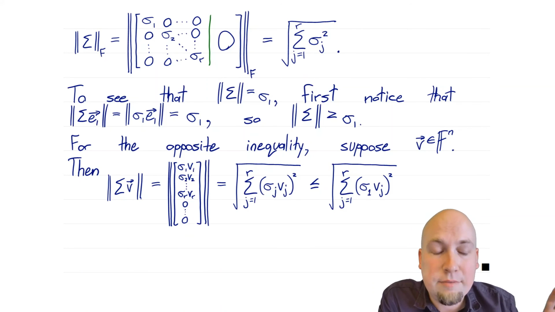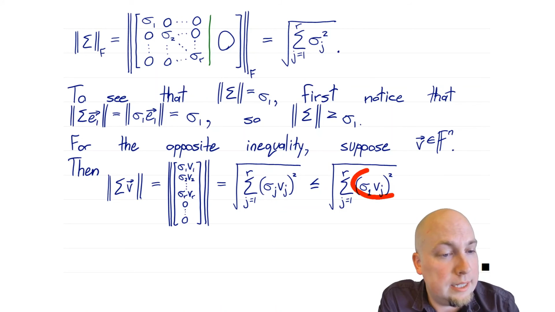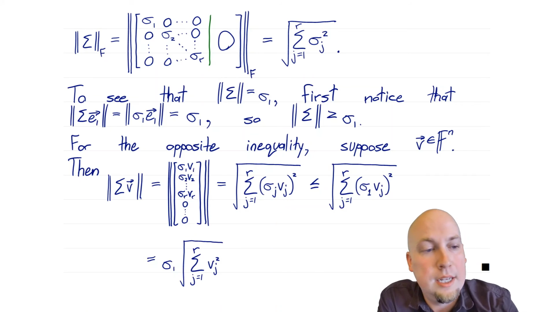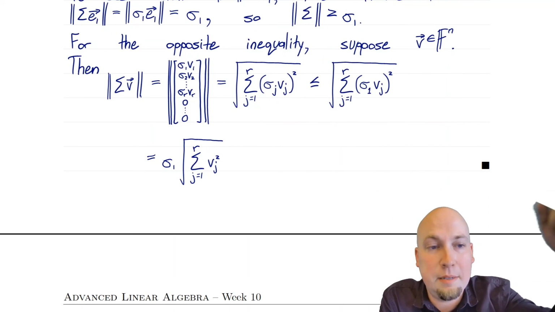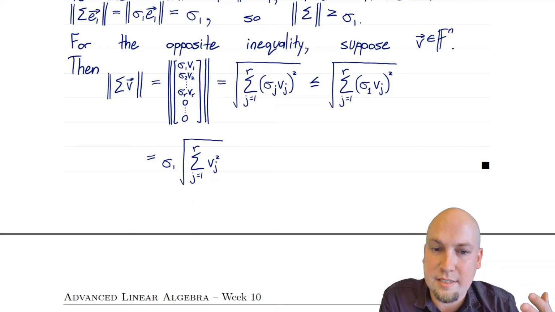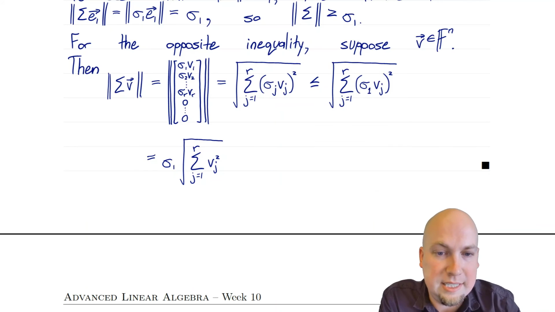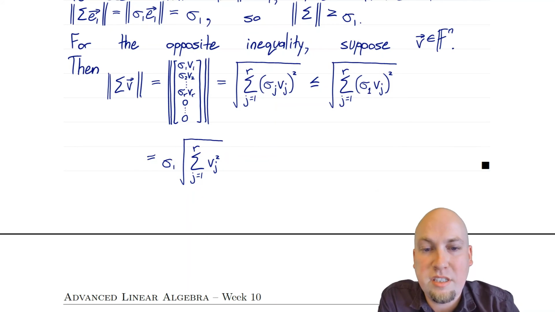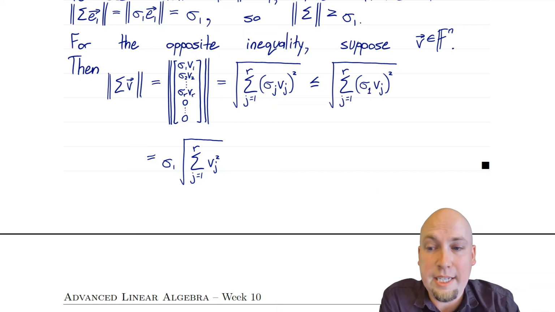That's the clever step, because after you do that, something really nice happens. There's a sigma 1 in each of these terms in the sum, so I can pull sigma 1 out of each term and then out in front of the square root. I just get a sigma 1 out in front, and then the sum of squares of vj's, square rooted at the end of the day. And this quantity here is just the normal length of the vector v.